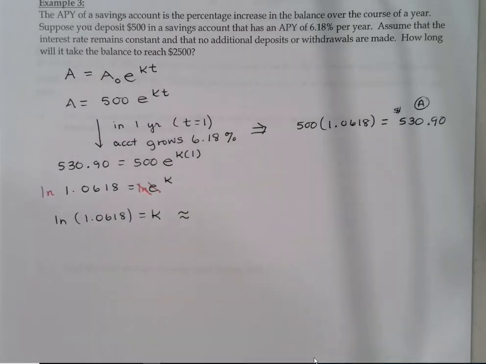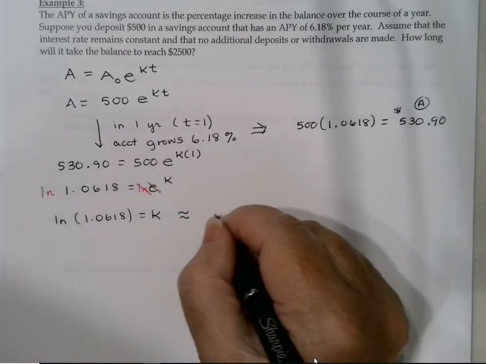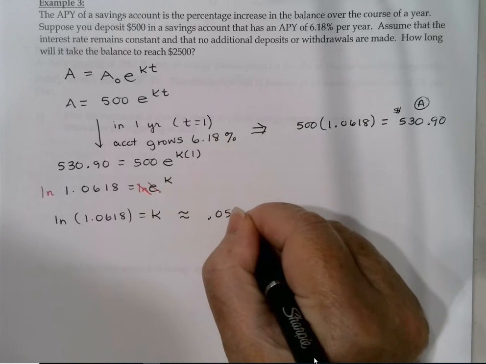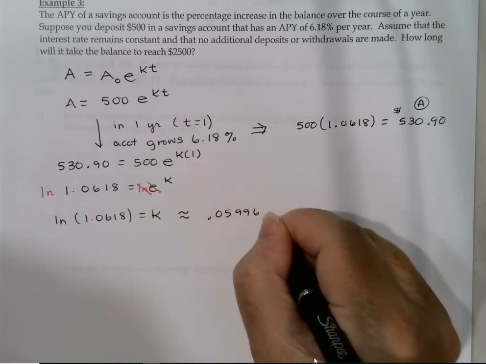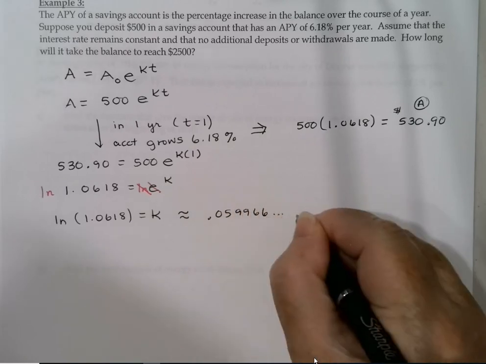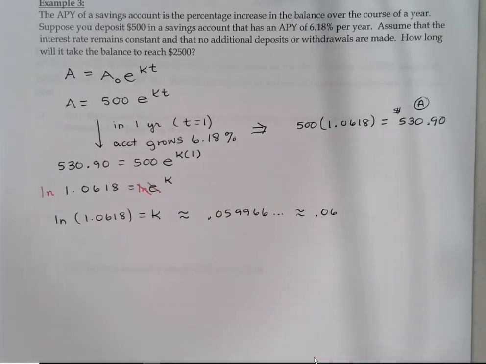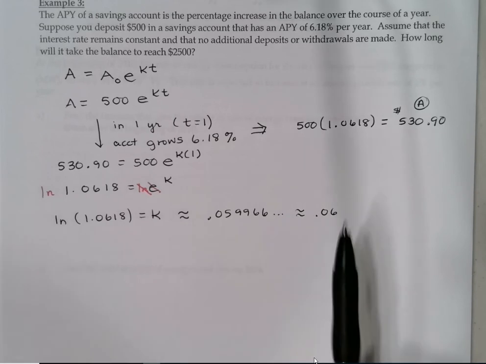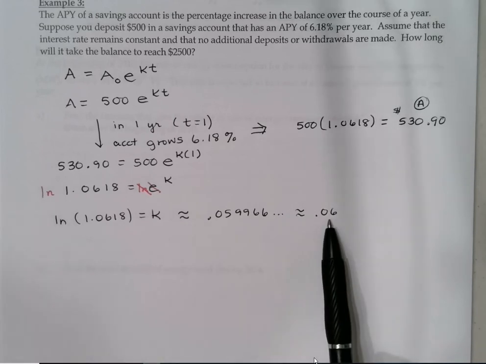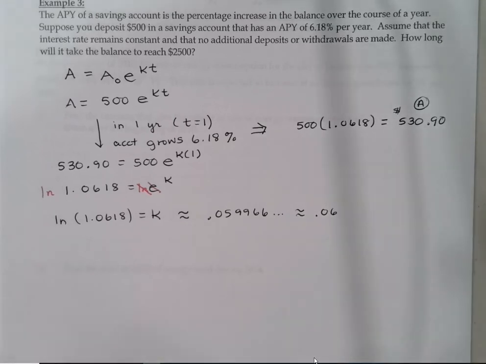If I take the natural log of that value, this is about 0.059966, or about 0.06. What that tells us is the actual growth rate of the account is about 6% per year.